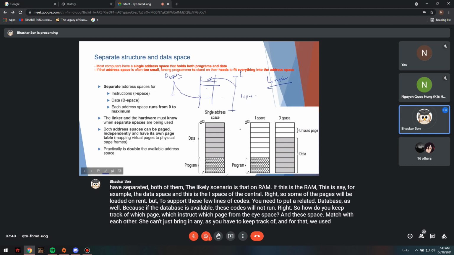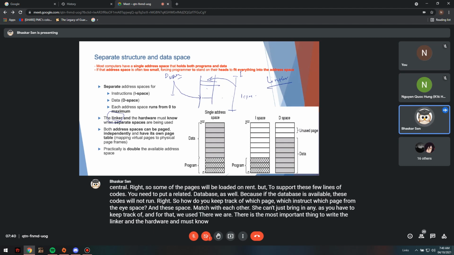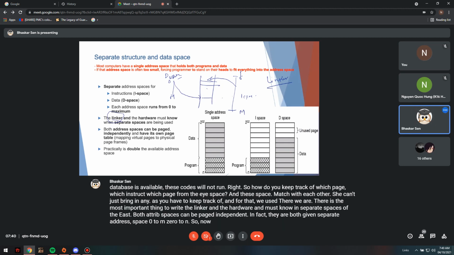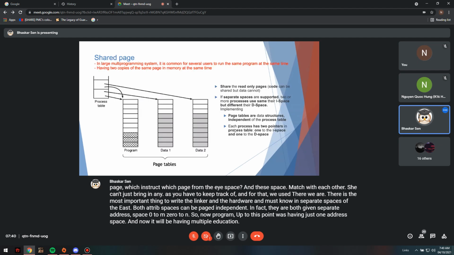There we are. That is the most important thing right here. The linker and the hardware must know when separate spaces are being used. Both address spaces can be paged independently. In fact, they are both given separate address spaces, 0 to M, 0 to M. So now a program up to this point was having just one address space, and now it will have multiple address spaces, at least two address spaces.